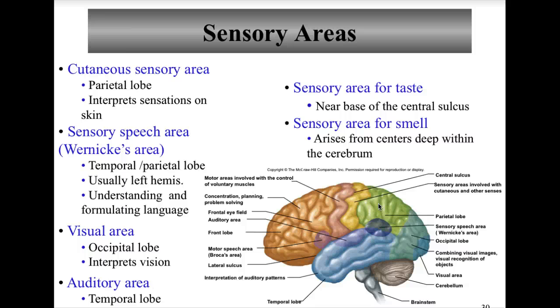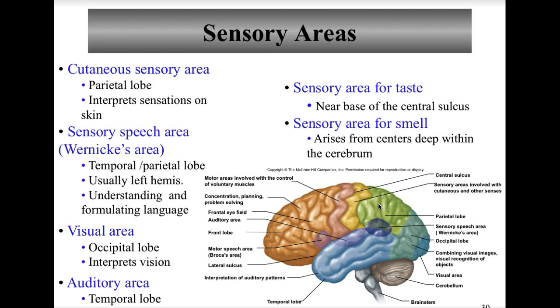Then you have the auditory area. The auditory area is going to receive incoming information from hearing receptors in the ear, and that is located in the temporal cortex. And then lastly, you have the gustatory cortex, and the gustatory cortex is going to receive incoming information from the taste receptors and taste buds of the tongue.